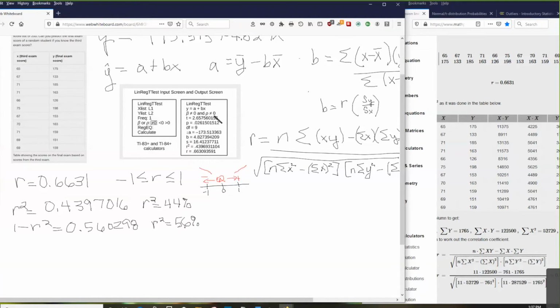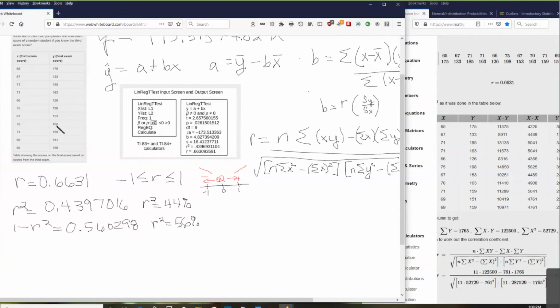If you'll notice on the calculator results, it gave you both R, which was the correlation coefficient, and R squared, which is your coefficient of determination. The way that we interpret this for this particular set of data is we would say approximately 44% of the variation in the final exam grades can be explained by the variation in the grades on the third exam using the best fit regression line.